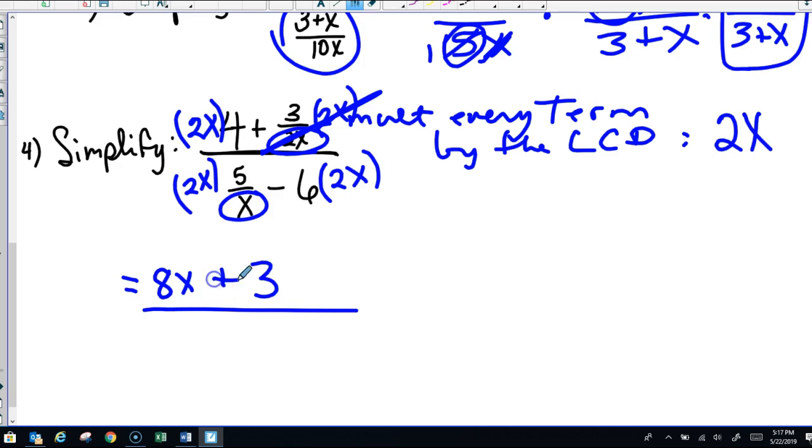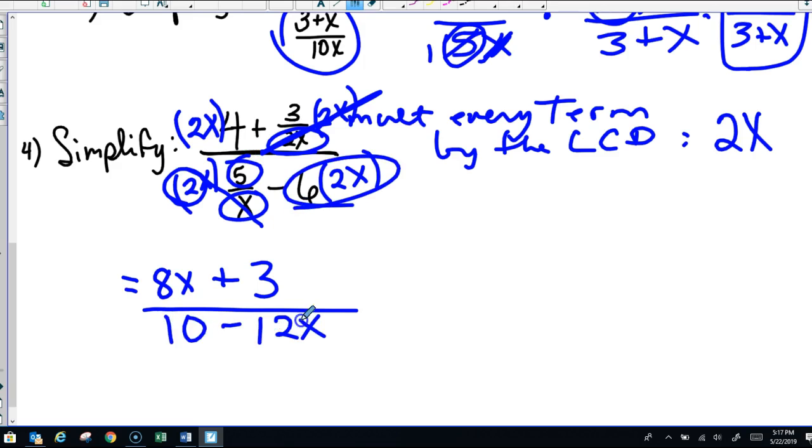Down bottom, the x will cancel. I'm going to have the 2 times the 5, so a 10 minus, and now these will multiply together, 12x. Okay, there's not any common factors that I could cancel out, so that would be it.